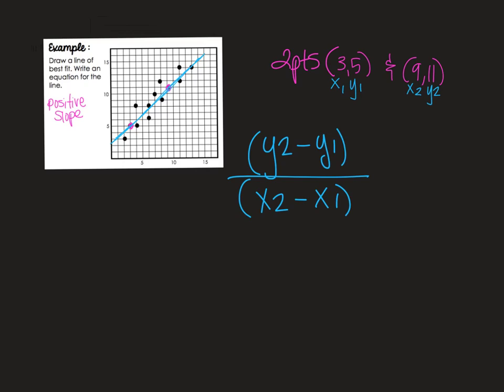For y2, that was 11, and y1 was 5. So 11 minus 5. And then x2 was 9, and x1 was 3. When I go to subtract these, I have 11 minus 5 is 6, and 9 minus 3 is also 6. So right now my slope is 6 over 6, which basically simplifies down to be 1.